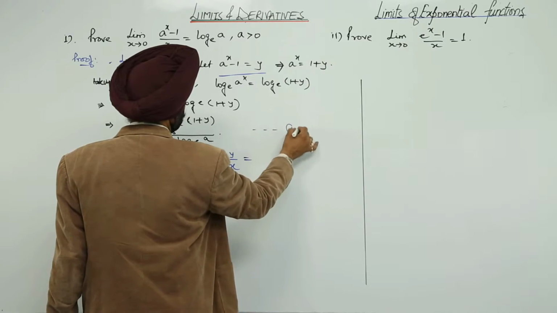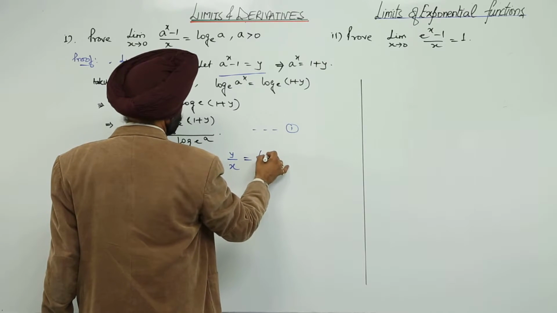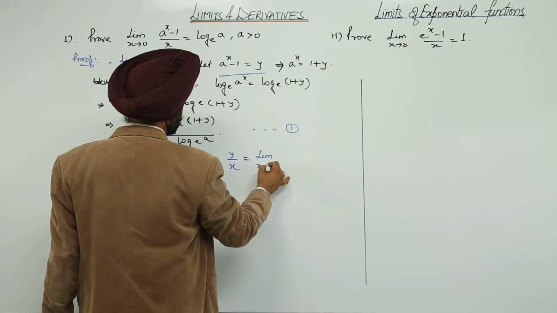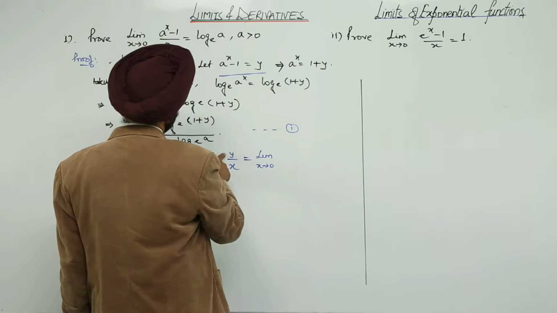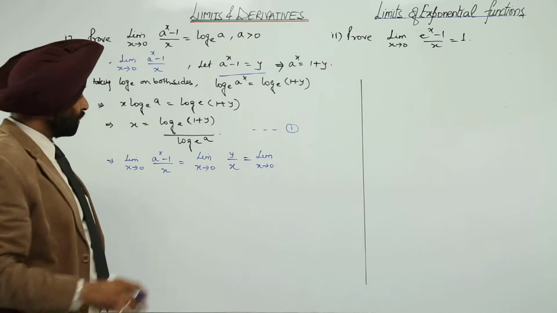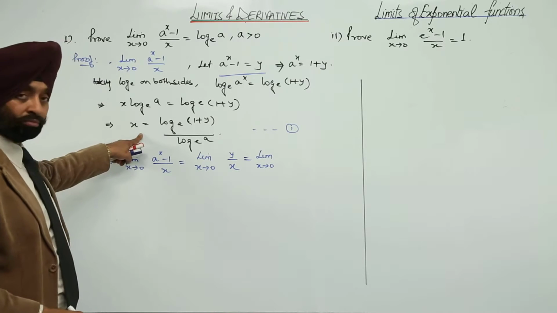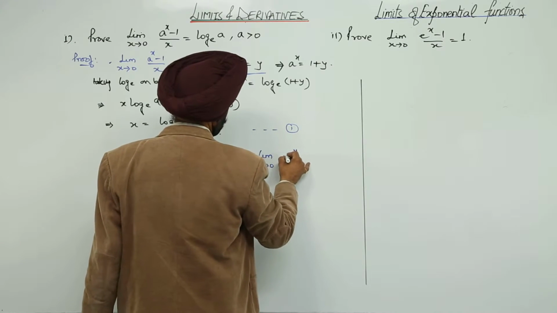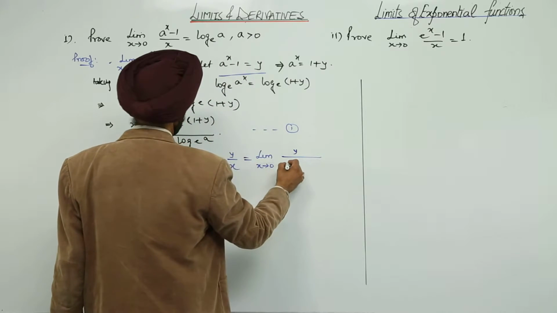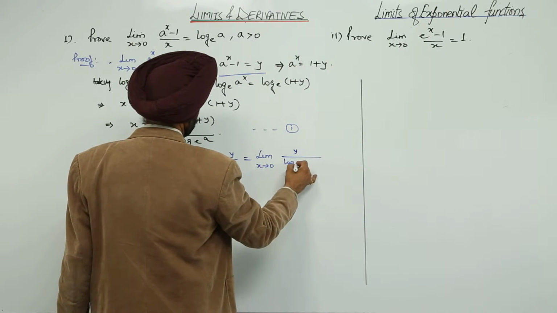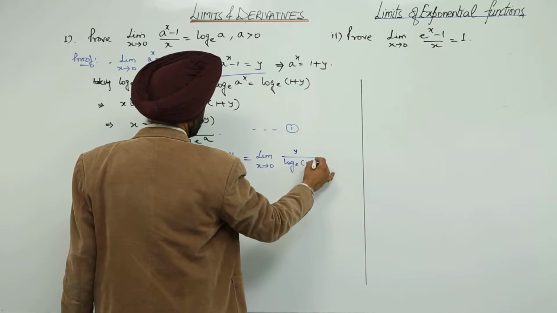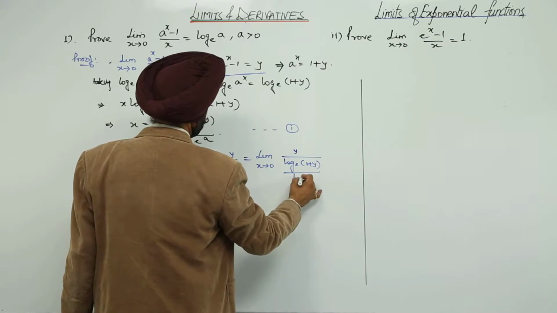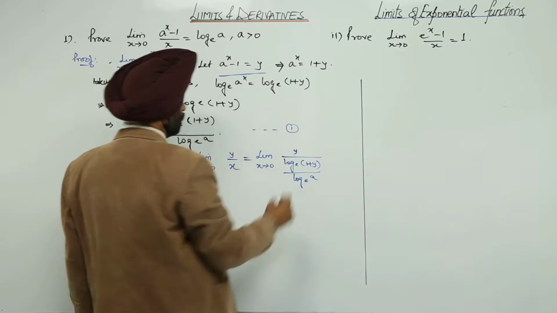And to this, what can I write? Let this be 1. Limit x approaches 0. Now in place of y, as it is y, and in place of x this whole term. Okay. So we have y upon (log e (1 plus y) upon log e a).